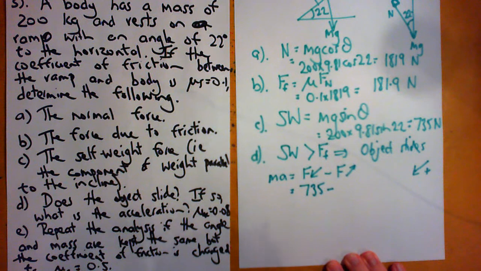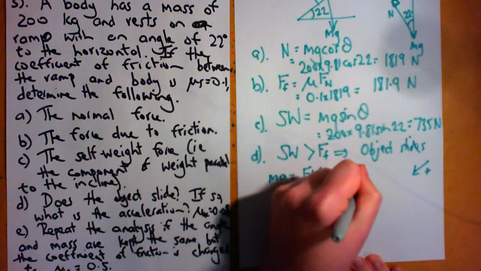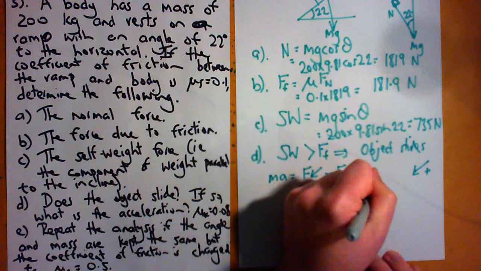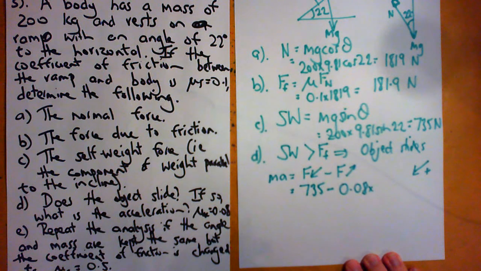Since the object is now sliding, it's in motion, and we need to use the kinetic coefficient of friction, which we're given here to be 0.08.